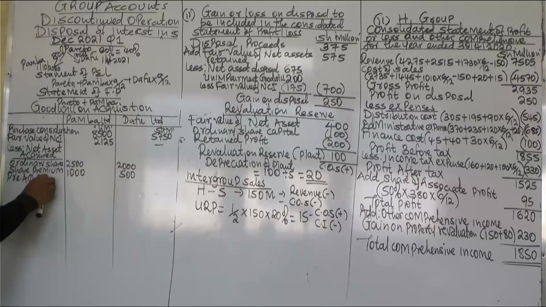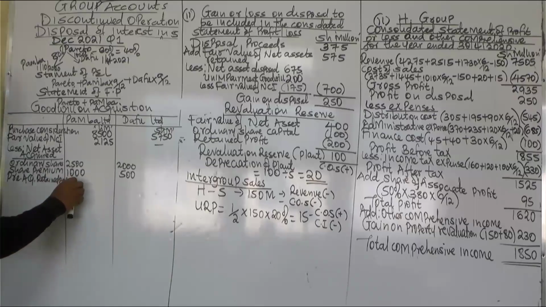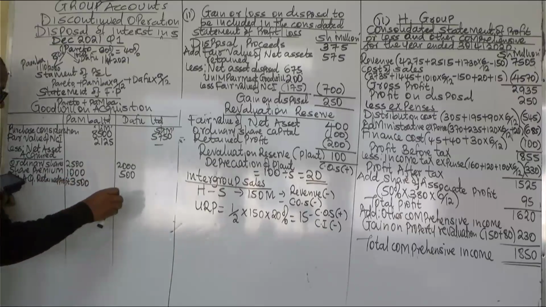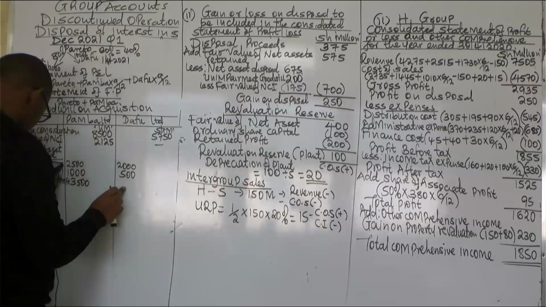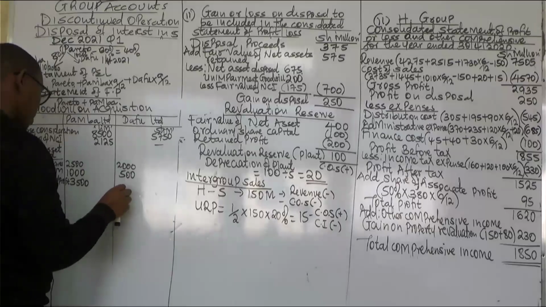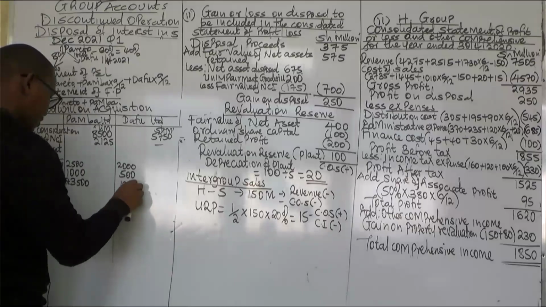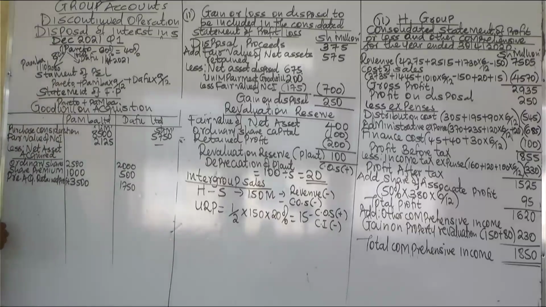The retained profits. As at the moment it was acquired, the retained profits here stood at 3,500. Here they stood at how much? Retained profits here, they stood at how much? 17 what? 17.15. There was only one fair value adjustment on number one, for the revaluation of land.